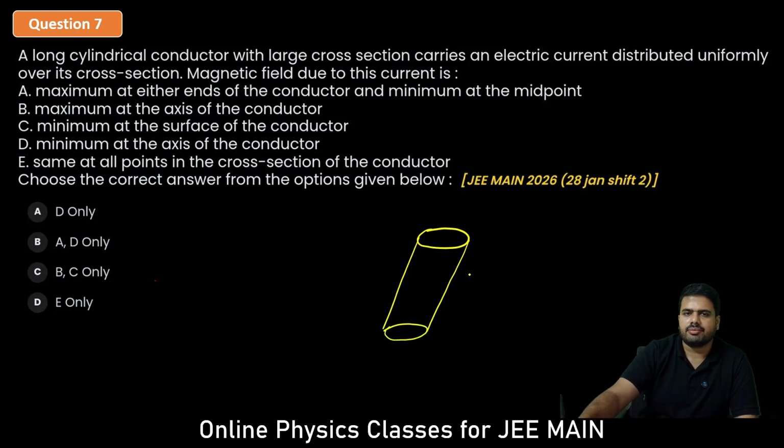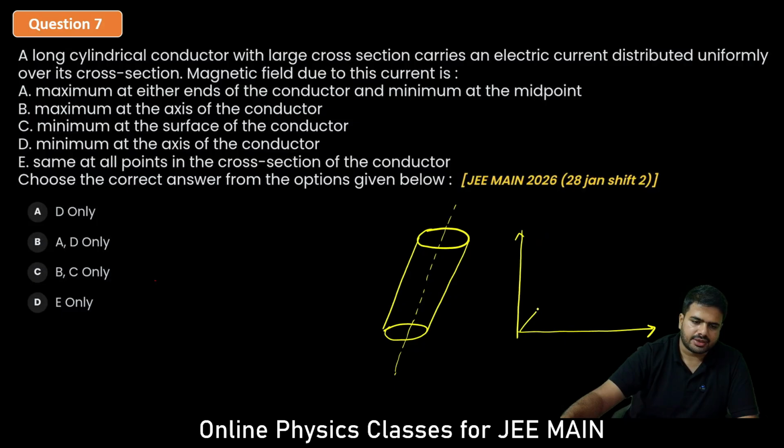So you can apply Ampere's circuital law and find out the magnitude of the magnetic field. If you draw the graph, the magnetic field graph would come like this.